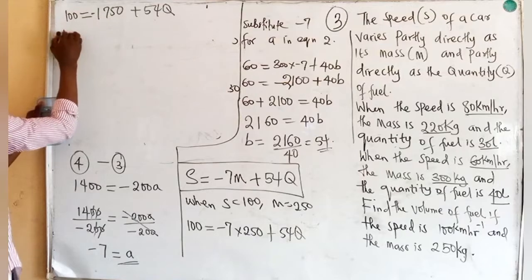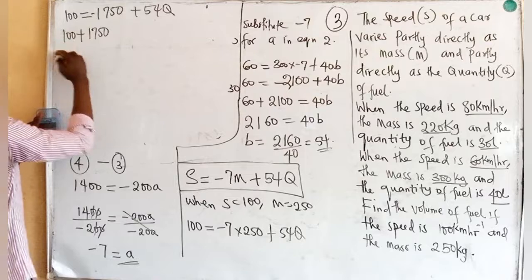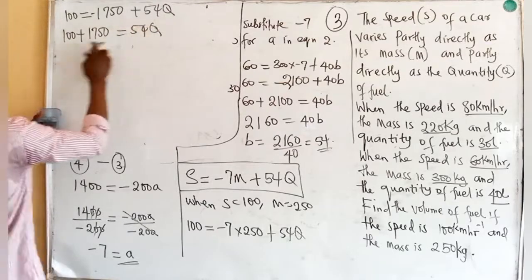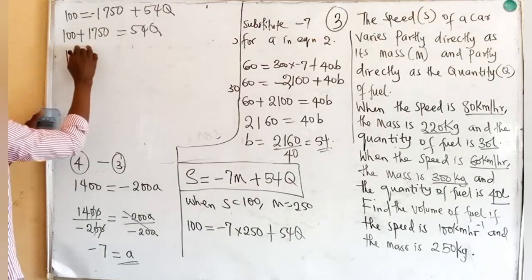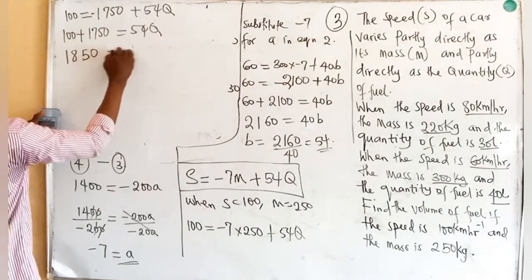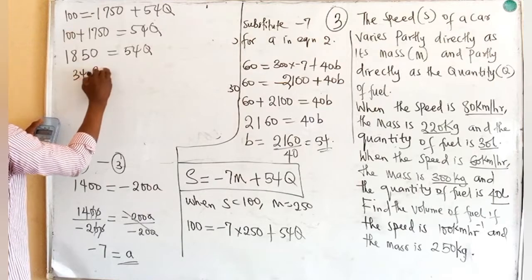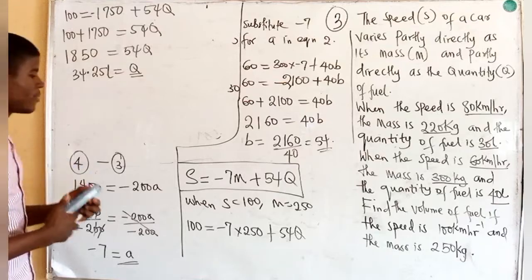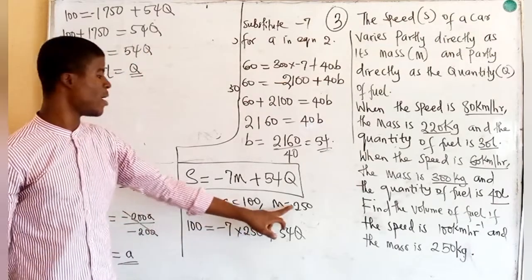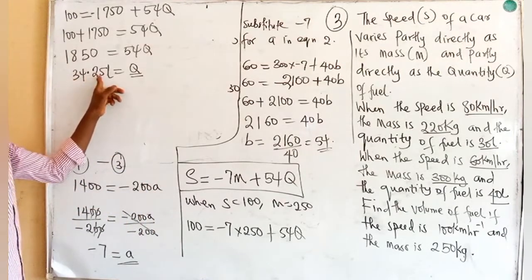Collecting terms, I have 100 plus 1750, since the negative turns to positive when it crosses, equal to 54Q. So this gives me 1850 equal to 54Q, which is 34.25. So when the speed is 100 km per hour and the mass of the car is 250 kilograms, the quantity of fuel is 34.25 liters.